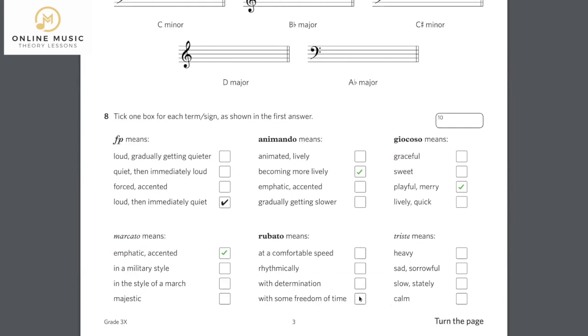Rubato means with some freedom of time. Tristi is sad and sorrowful.